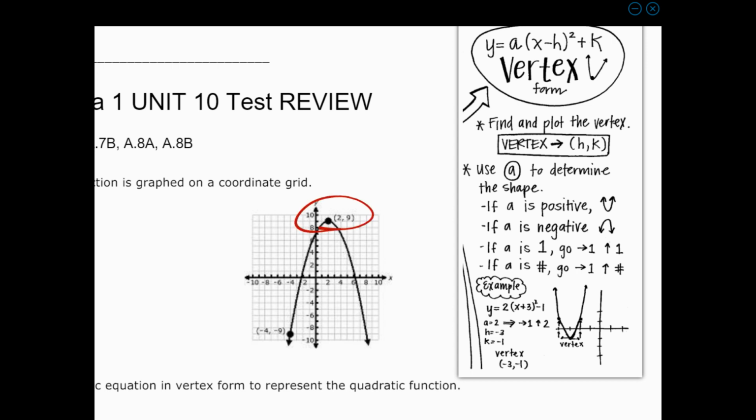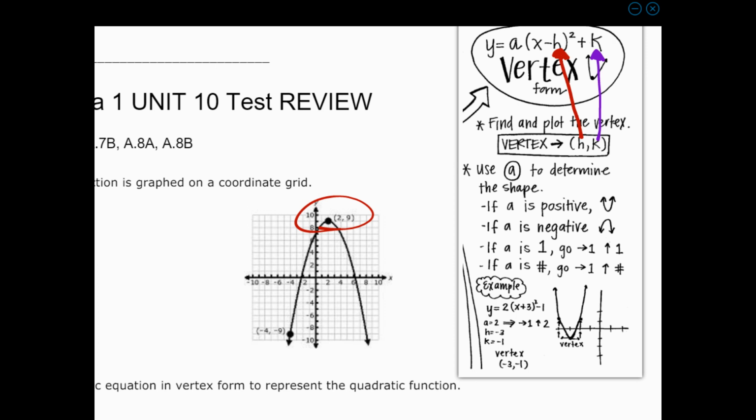So that's my vertex. I need to know that the x coordinate gets plugged in my vertex form in the parentheses with my x value. My k, or my y coordinate, gets plugged in at the end.